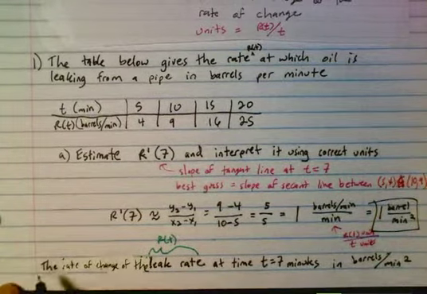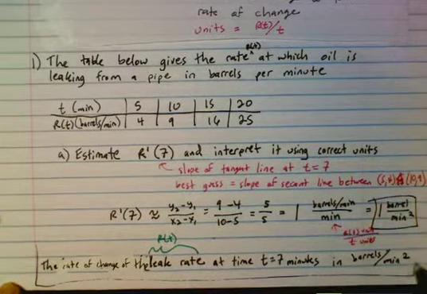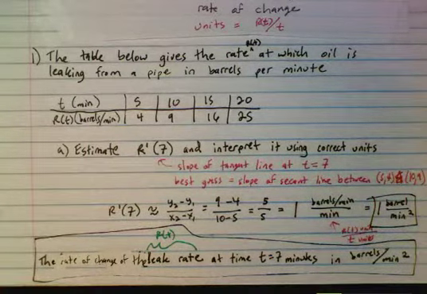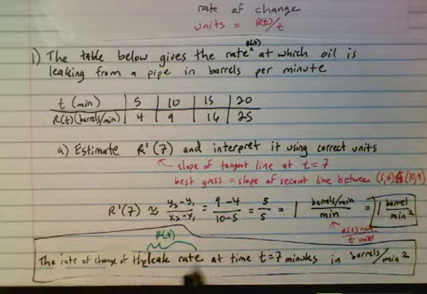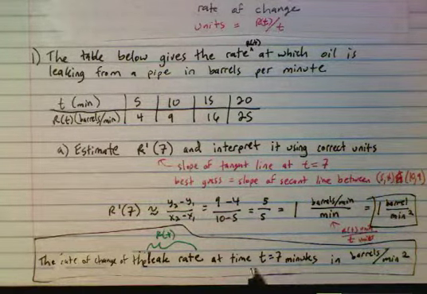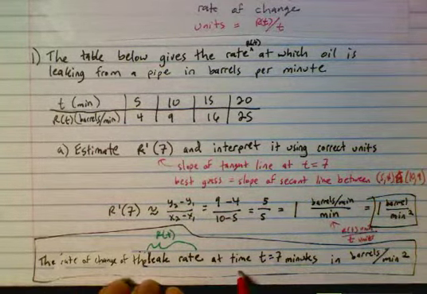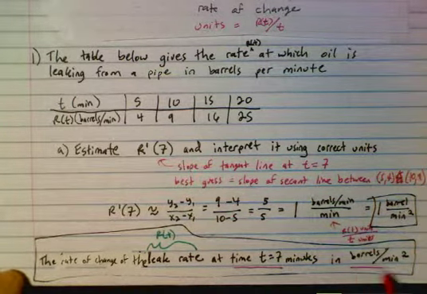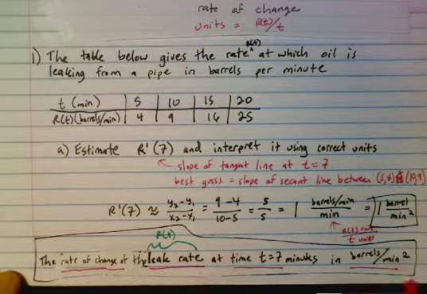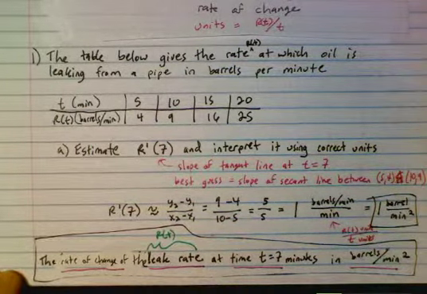So that is the interpretation using correct units. We start off by putting in R of t, whatever that is. In front of it, put the rate of change of the, after when it happens, and the units. So rate of change of R of t, time and units.